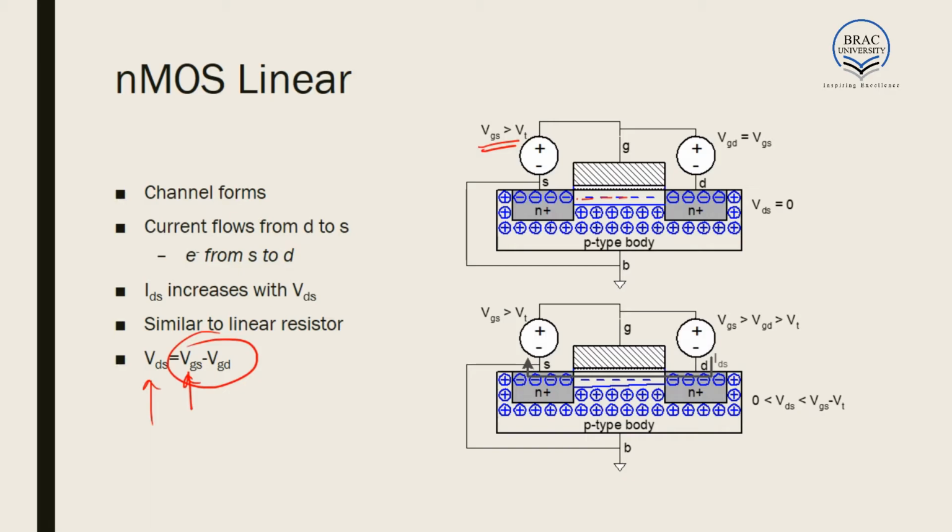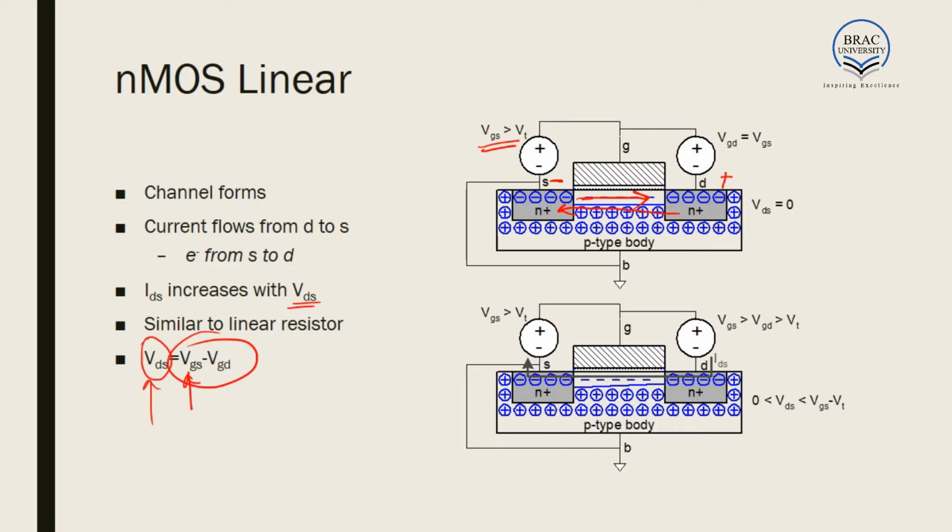If VDS is increased, here is a positive terminal and here we have a negative terminal, and as a result, current flows from drain to source and electrons move from source to drain. As a result, a current flows through the MOSFET, and the value of the current keeps on increasing. As the value of VDS increases, the value of the current also increases. So the current is directly proportional to the voltage VDS.